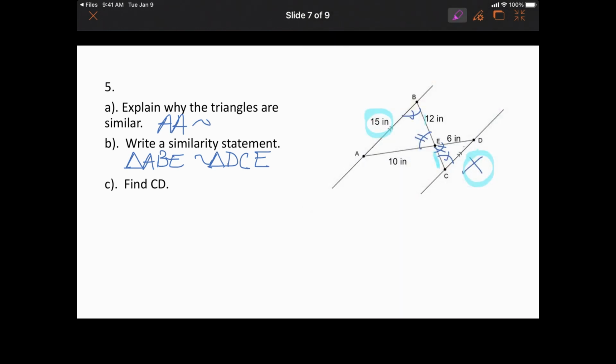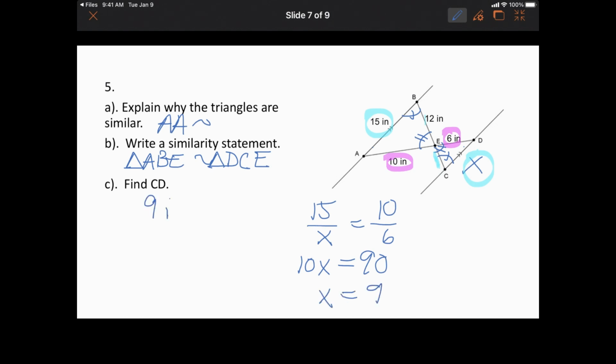But this has number 6, and that goes with 10. Remember how I usually go from left to right. So 15 goes with X, and 10 goes with 6. Cross multiply. 90, I think. Double check. X is 9. Don't forget my units. Inches.